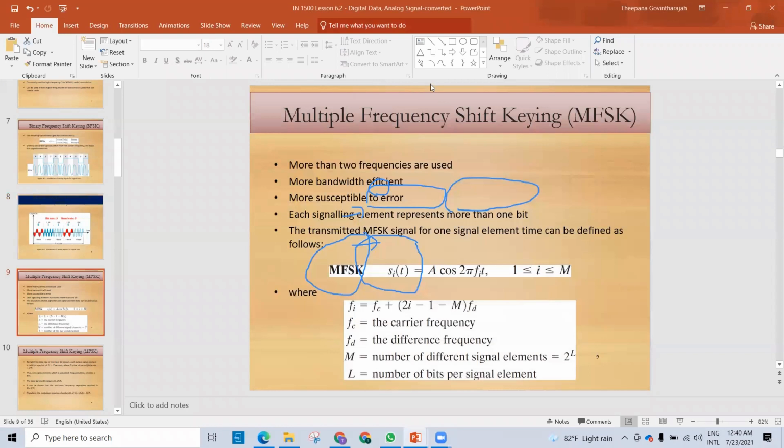And when we see about multiple frequency shift keying, from the word itself we can get to know that more than 2 frequencies are used. In BFSK only 2 frequencies are used, but in MFSK more than 2 frequencies are used. When using more than 2 frequencies, we can represent more than 1 bit at a time.